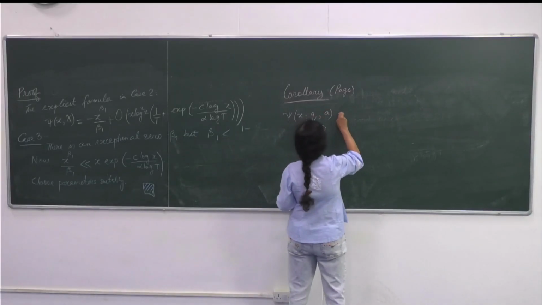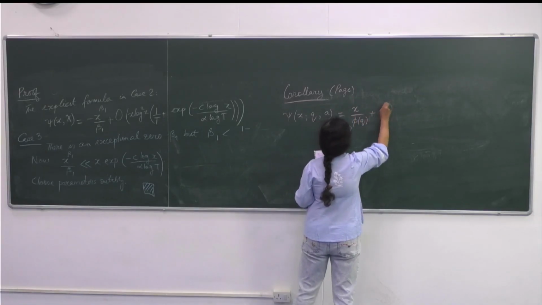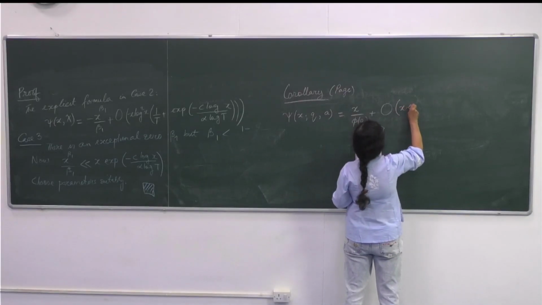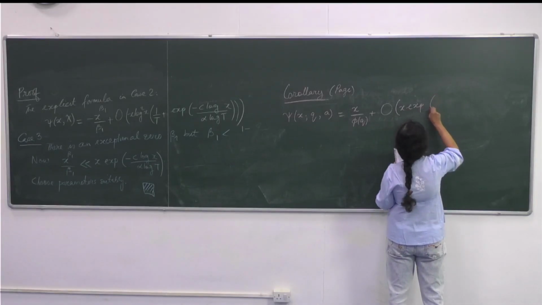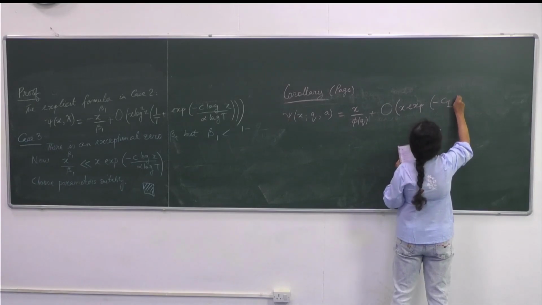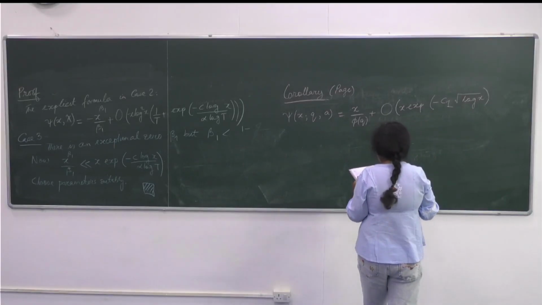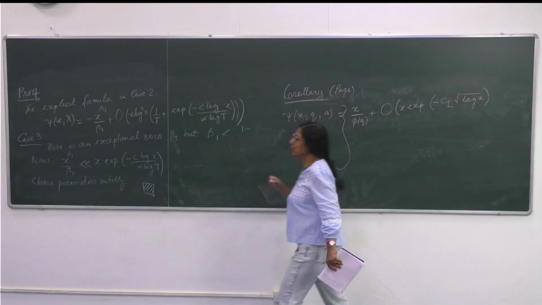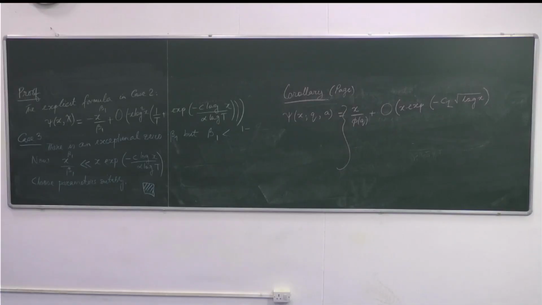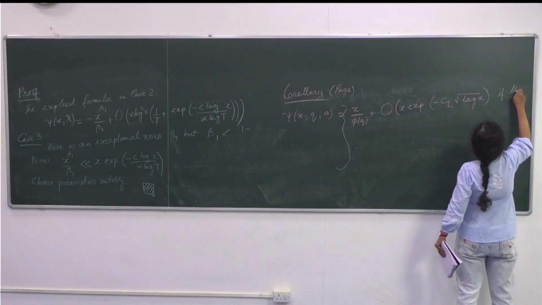This is equal to either x by phi of q plus big O of x exponential of minus c1 square root of log x, if there is no exceptional zero.